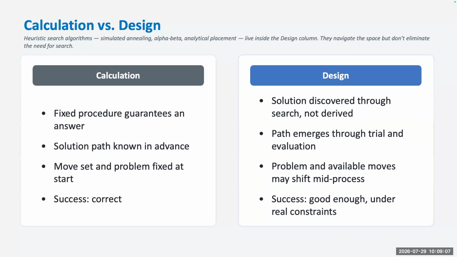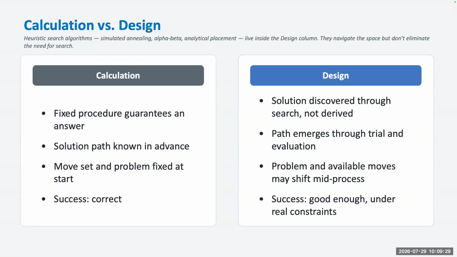Design, I think, is a whole other animal. We discover the solution through search. I'm trying to be practical: if we had infinite compute, infinite time, you could probably search every possibility and maybe write a master algorithm or calculation. But practically there is a clear difference.